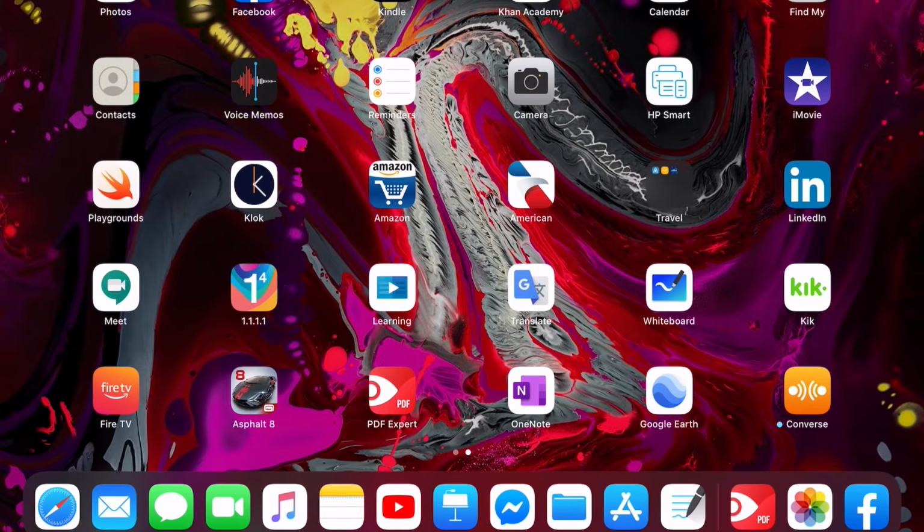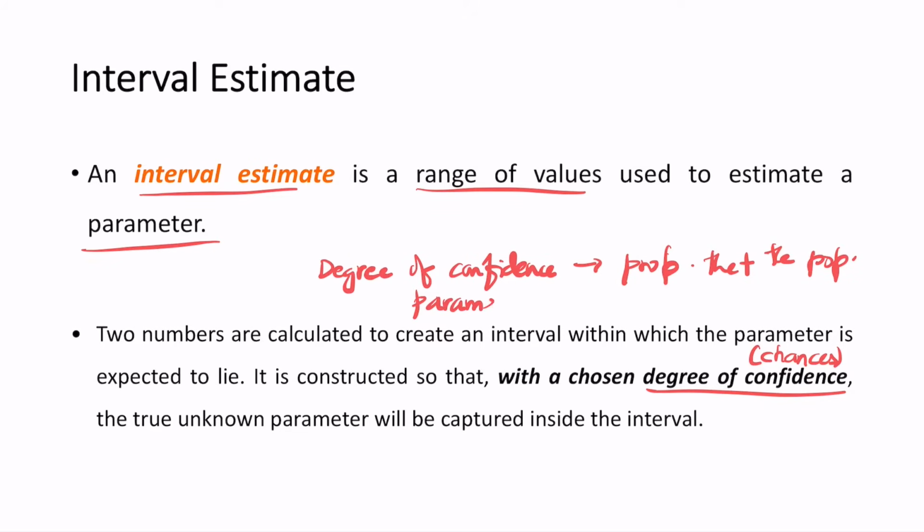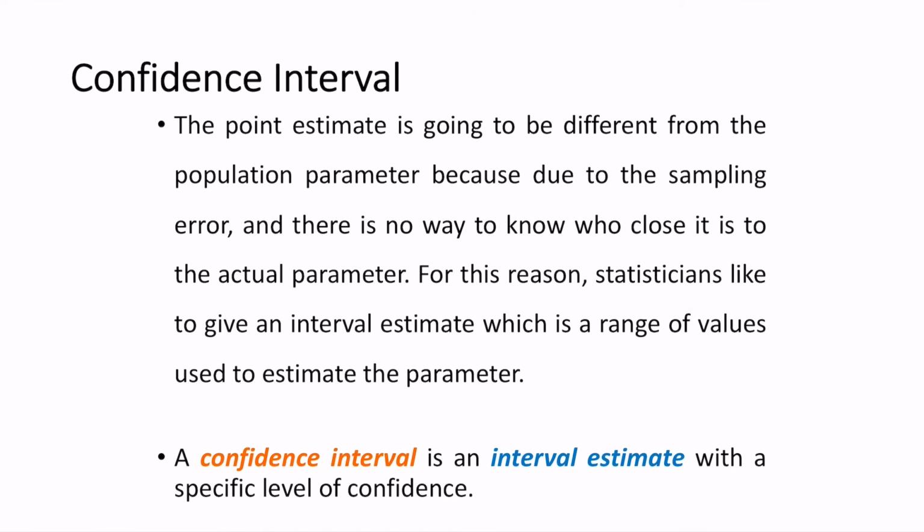So again, I'm going to write it down here. The degree of confidence is the probability that the population parameter lies in the interval estimate. So whether the population parameter lies in the interval estimate is called the degree of confidence.